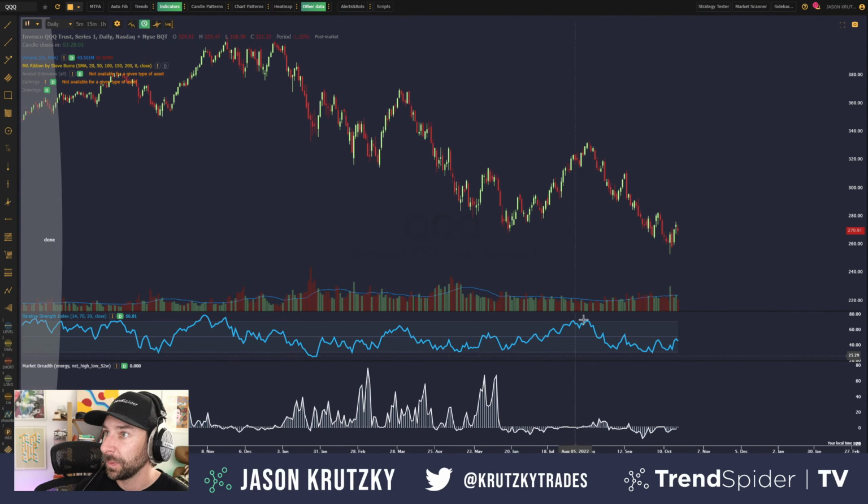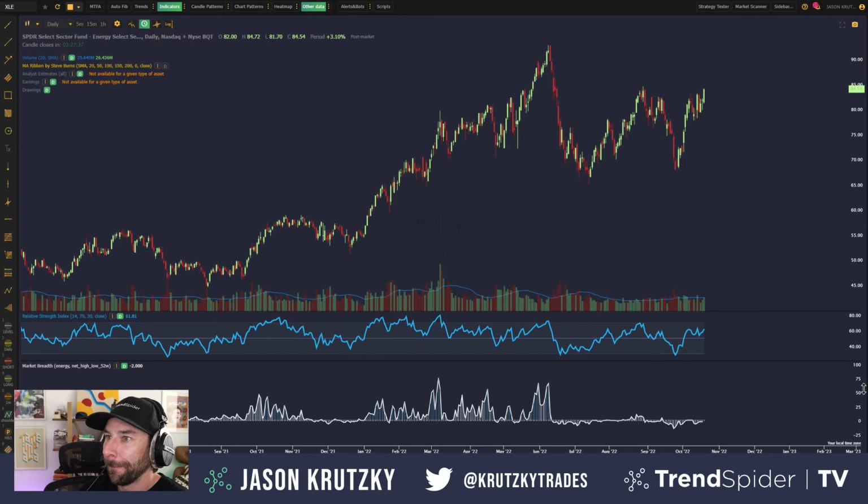Look at the flip on the highs. That's insane. That's a pretty easy indicator to keep in your back pocket. So I'm super stoked about this. I think this market breadth indicator is super cool.